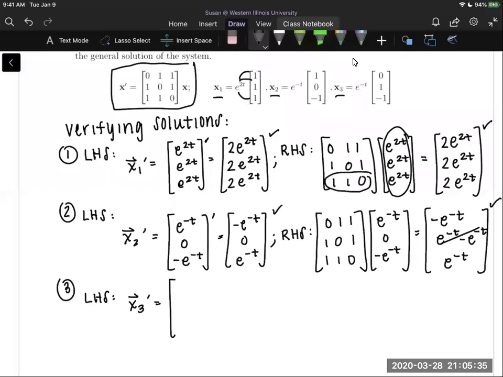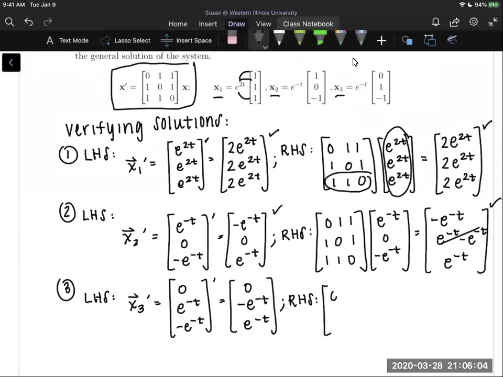Checking its derivative here. We want the derivative of e, nope, that first one is 0. Derivative of 0, e to the negative t, and negative e to the negative t. All right, so we want to find this derivative. So that would give us 0, negative e to the negative t, and e to the negative t. All right, and now checking the right-hand side, I'll copy my coefficient matrix.